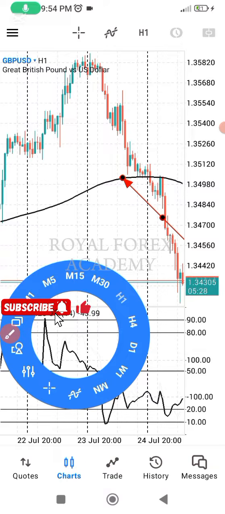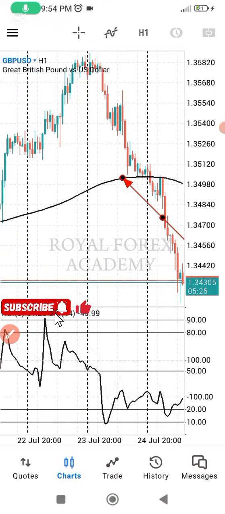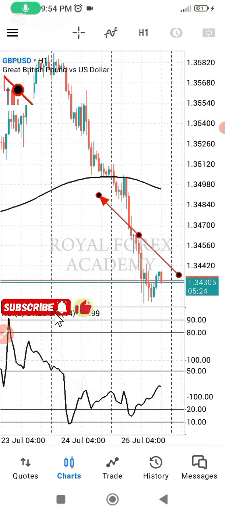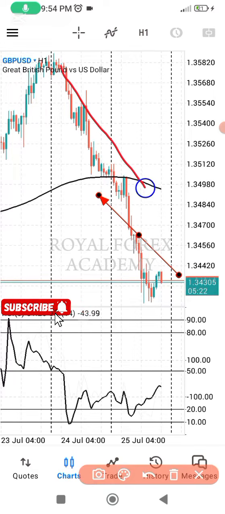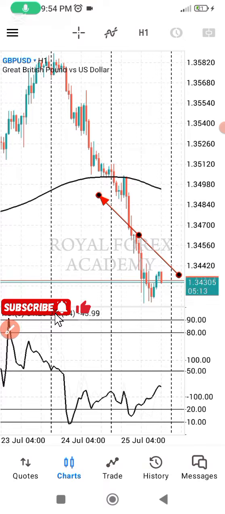But if you are to go by your moving average, you realize that price has already established a strong movement before the moving average will give you a signal, which will help you to navigate through and escape the whole process of price manipulation. That is the advantage of it.